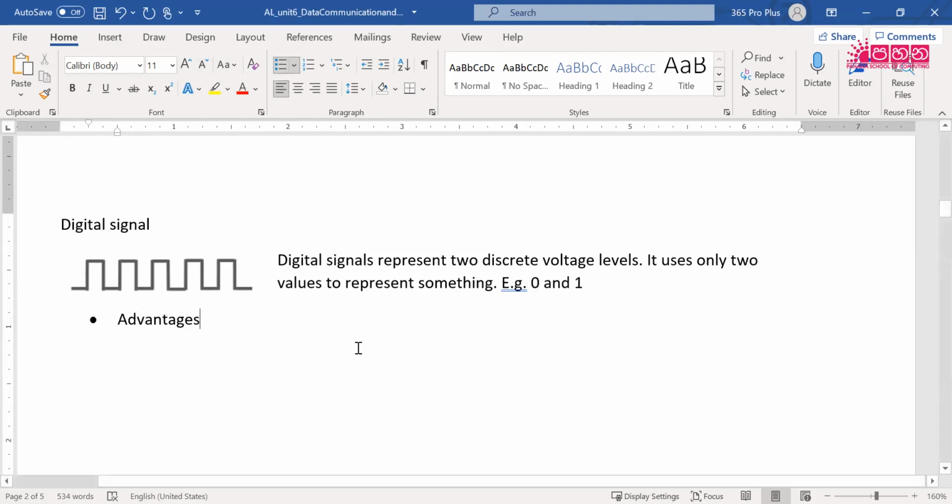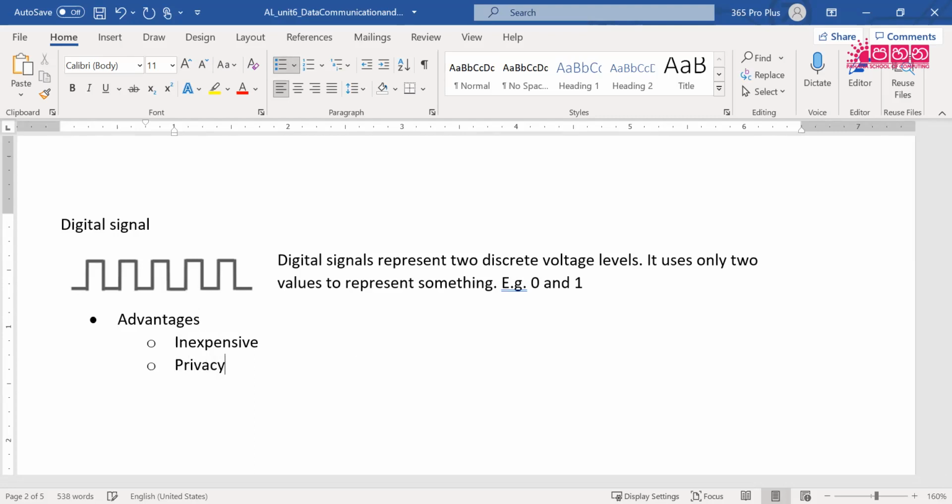So the couple of advantages in digital signals. First of all, it is inexpensive. Earlier it was expensive. Privacy reserved. I will explain. Data can be encrypted.